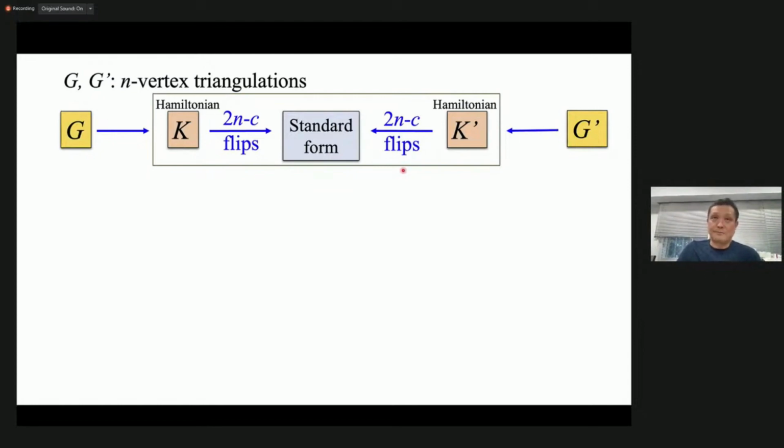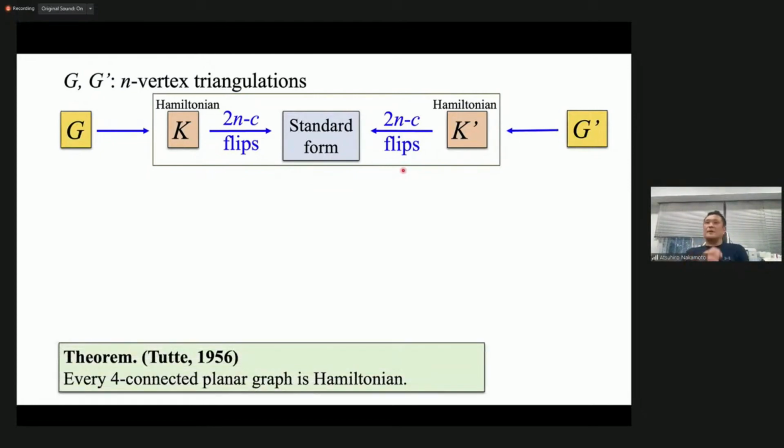So we have to consider how we can transform G into a Hamiltonian triangulation. For this purpose, we use Tutte's result: every four-connected planar graph is Hamiltonian.